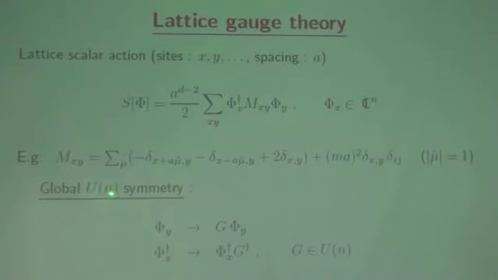So it's a global U(N) symmetry. If we apply a U(N) symmetry transformation to the field at some site, and the same one at any other site, then this commutes with the matrix, because this is space independent, and then this g and g dagger cancel, and then we have this global symmetry.